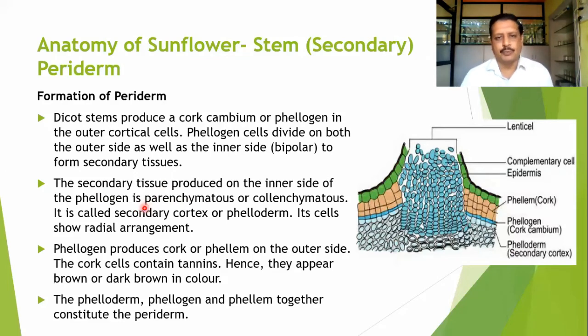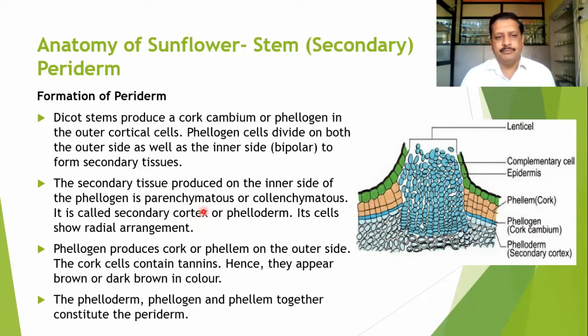The secondary tissue produced on the inner side is the phelloderm, and this is parenchymatous or it may be collenchymatous tissue. Now it is secondary cortex or the phelloderm. It is called the radial type of arrangement of that particular tissue.